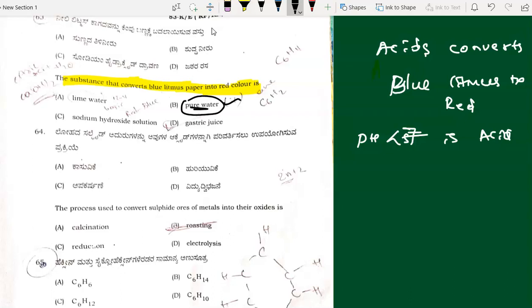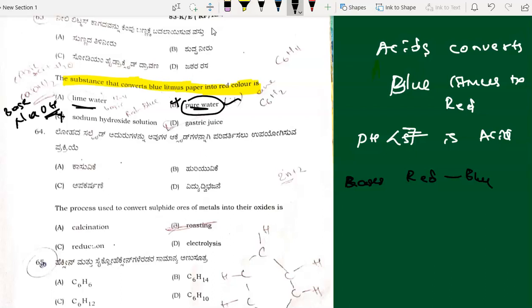Sodium hydroxide solution, yes, it is basic in nature. NaOH is a base. Here we have the OH group, it is a base, so it is not an acid. Bases turn red litmus to blue. So the second option is also wrong. Pure water is not an acid, not a base.